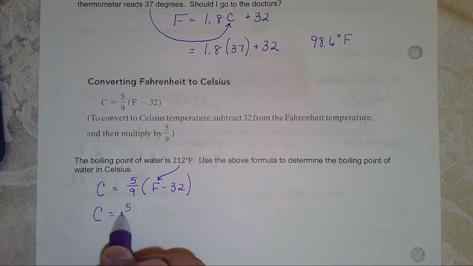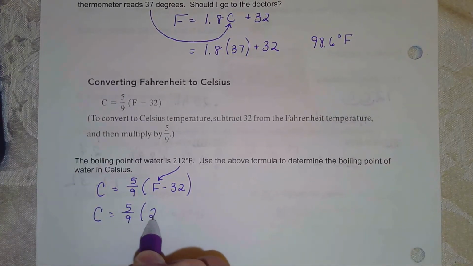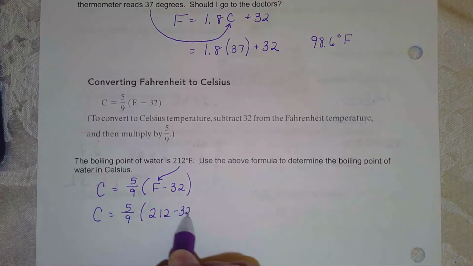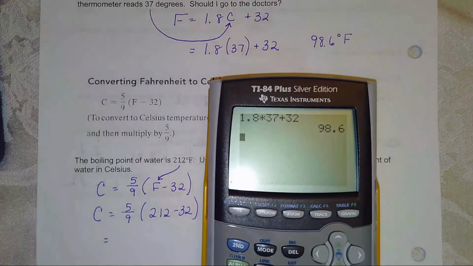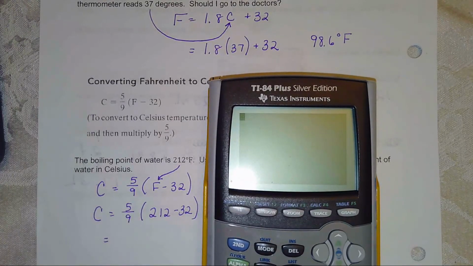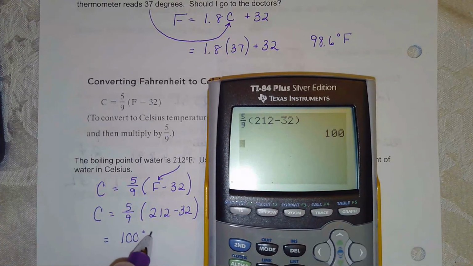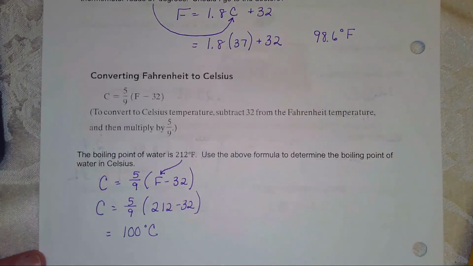Wherever you see an F in this problem, you're going to put the 212 and see what you get for the boiling point in terms of Celsius. Now I have my fraction key, so I can put 5 over 9 as a fraction, and then 212 minus 32. So the boiling point of water is 100 degrees Celsius or 212 degrees Fahrenheit.